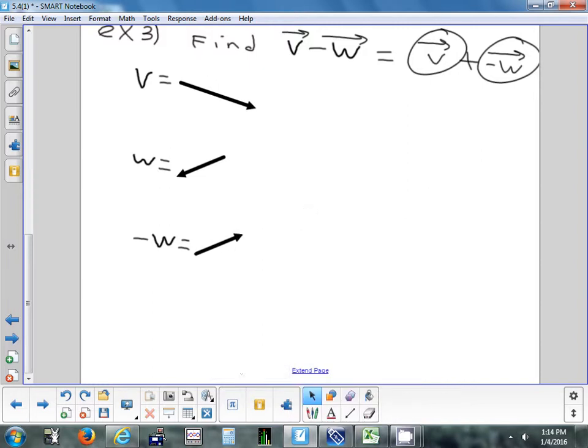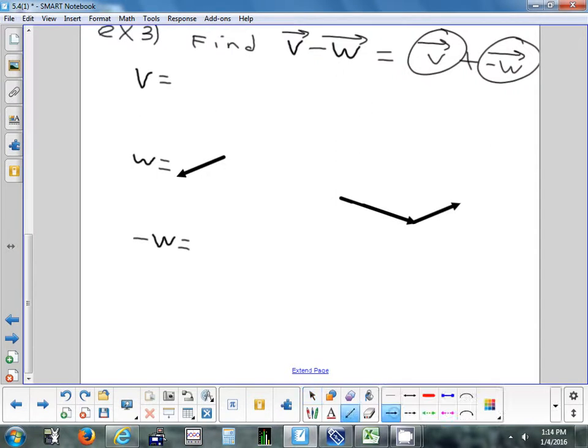That's negative W. Now I can take V plus negative W, and that's my answer. Any questions on that? So when you do subtraction, think of it that way.